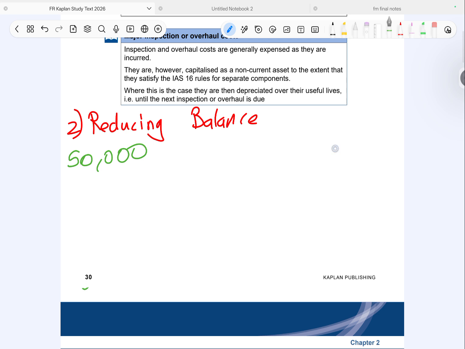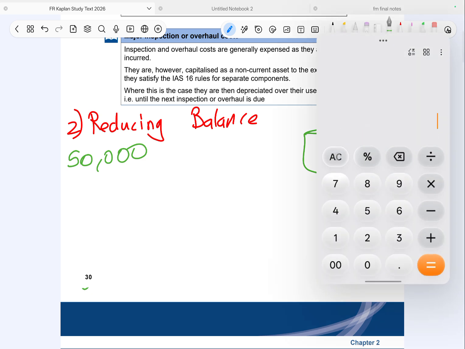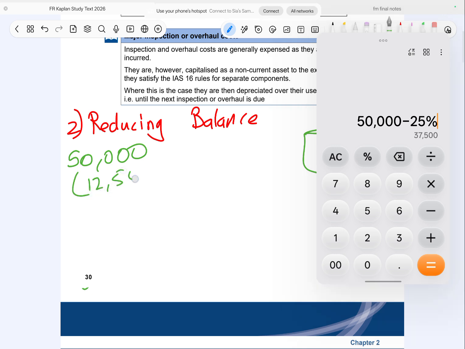So for this sum, I'll take it as 25%. So every year from our 50,000 we are going to subtract 25%. So after 1 year it is going to be 37,500.